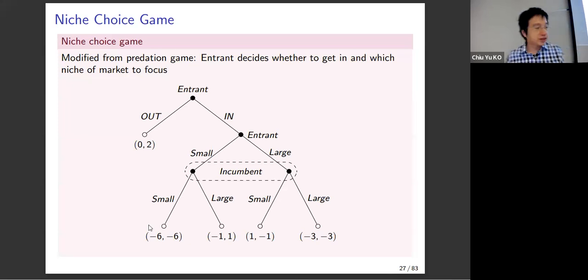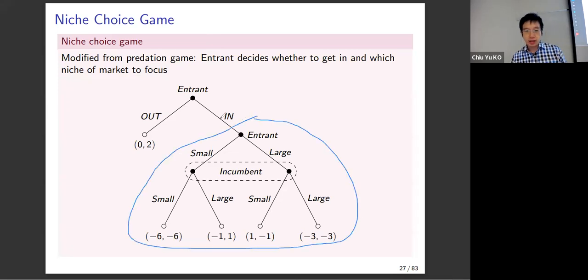So how do we solve this game? Just to remind yourself, we will do backward induction. So you have to decide how many subgames there are first. In this one, actually only 1 proper subgame. So look at this, this is 1 subgame. And tell yourself that this is not a subgame. Why? Because it cuts through the information set.